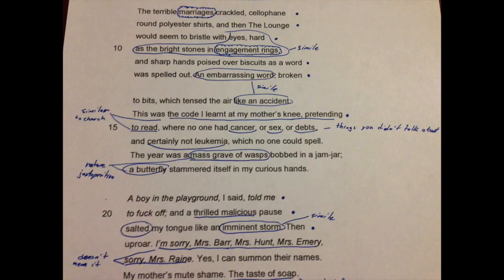Going on, we see the last two lines of the stanza, lines 16 and 17. It talks about a mass grave of wasps and a butterfly. So these two, the wasp and the butterfly, actually juxtapose the whole idea of consumer goods, because during that time everything was consumer goods. It was nice, it was neat, nothing was dirty.